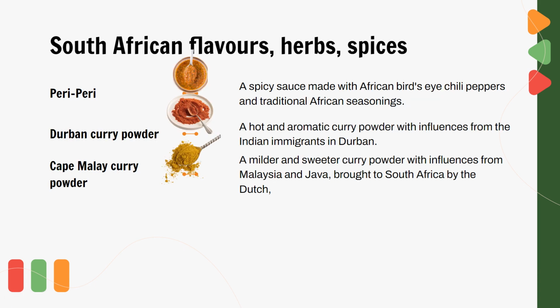African countries are known for their spices, with South Africa's typical ones being peri peri, a fiery sauce with African bird's eye chili peppers, Durban curry powder with obvious Indian influences, and Cape Malay curry powder with Malaysian origins.